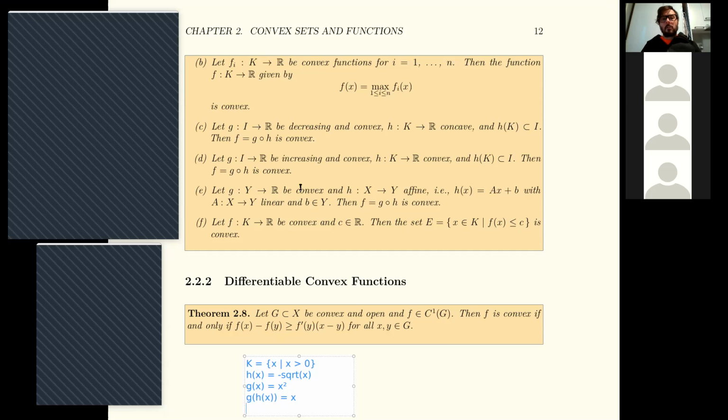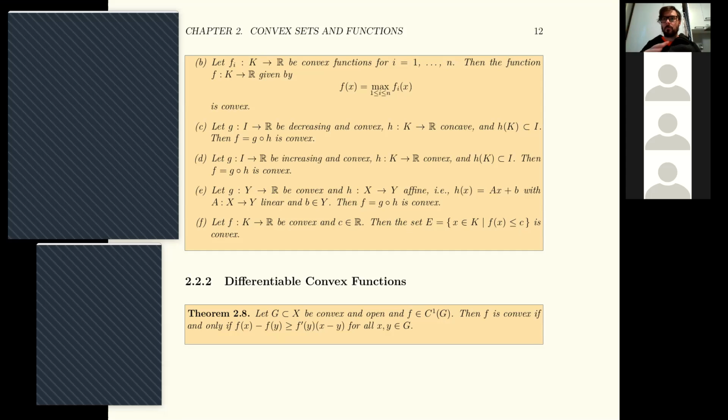Again, if we combine a convex function and an affine function, meaning that you can express it with a linear part plus something. In matrix/vector notation, it's Ax plus b. So h of x is Ax plus b.